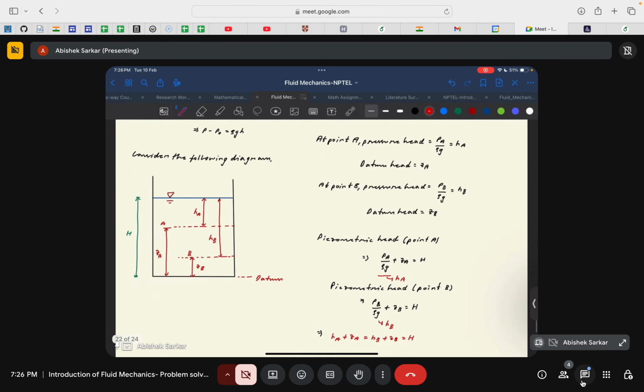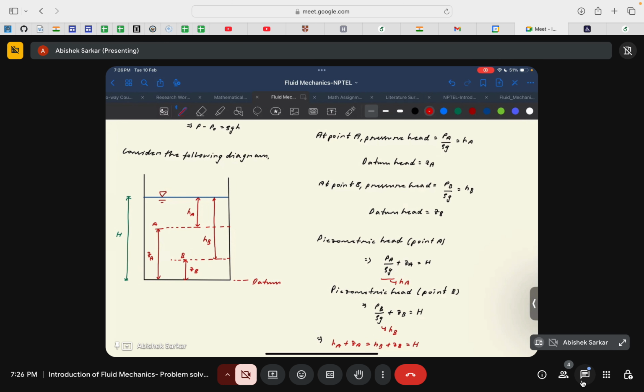Similarly, if you consider point B, since point B is at a greater depth than point A, the corresponding pressure head for point B would be higher than at point A. So it will be PB by rho g, and since the pressure at point B is higher, HB would be higher. But since point B is at a lesser distance from the reference datum, the potential head corresponding to point B would be smaller, that is ZB.